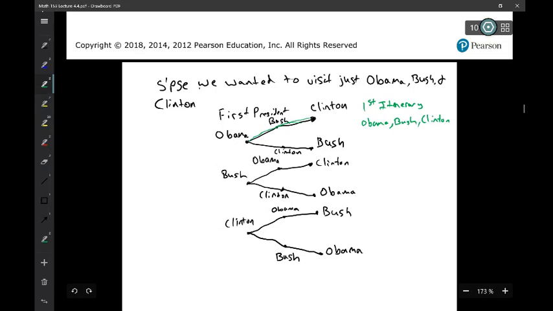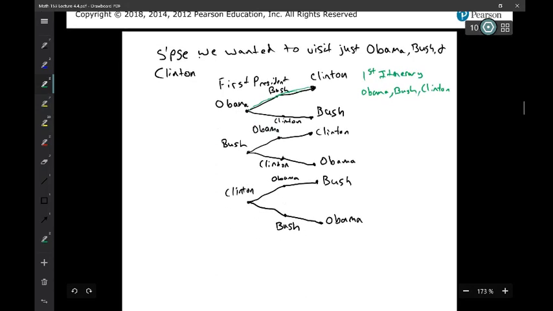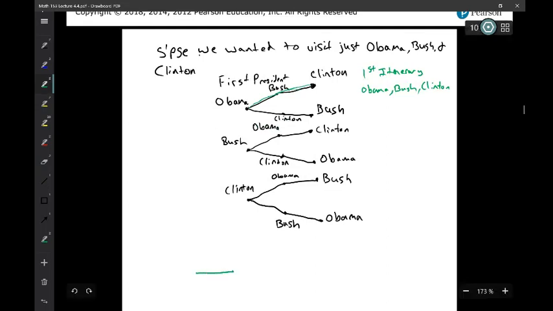So you start off with 3 possibilities for the first visit. And then your next visit, that narrows it down to 2 possibilities.